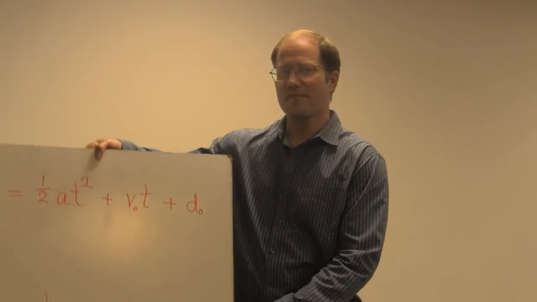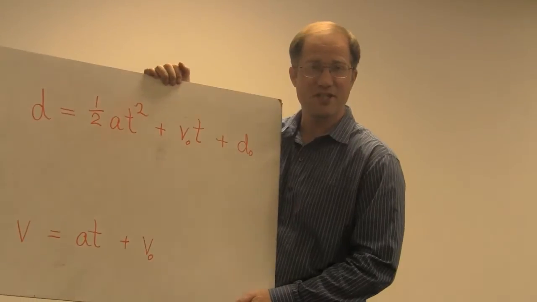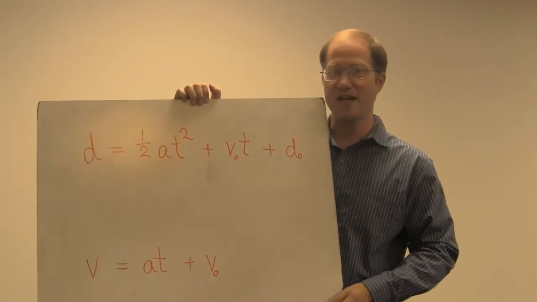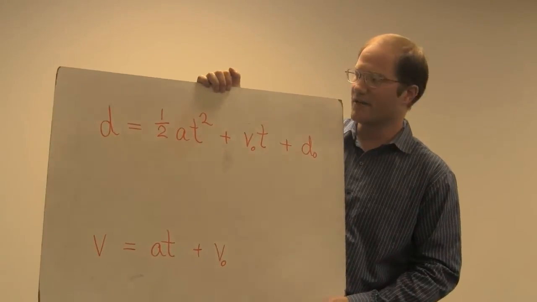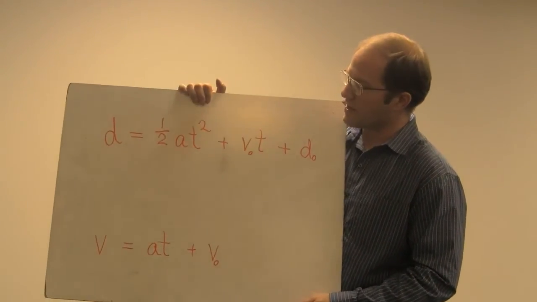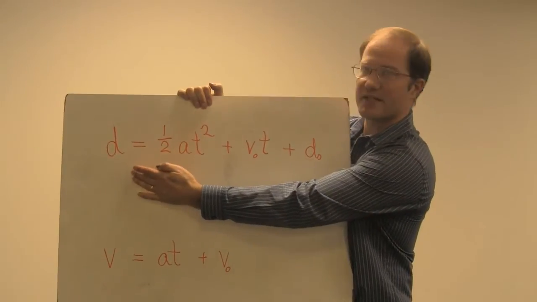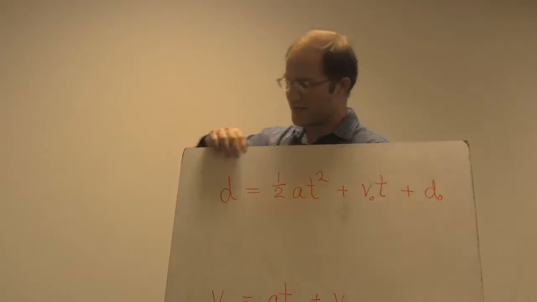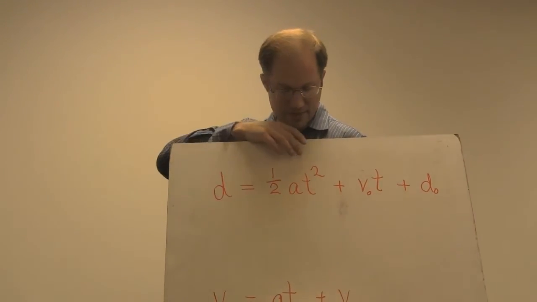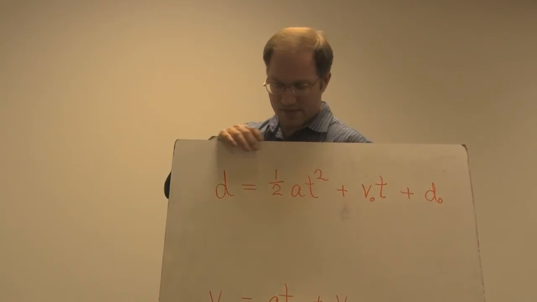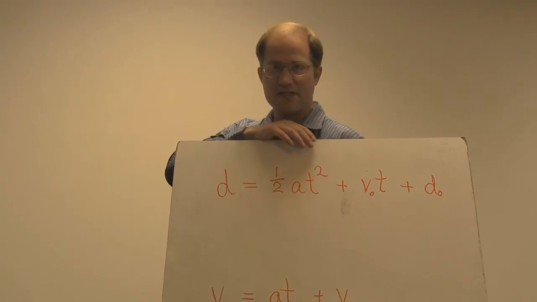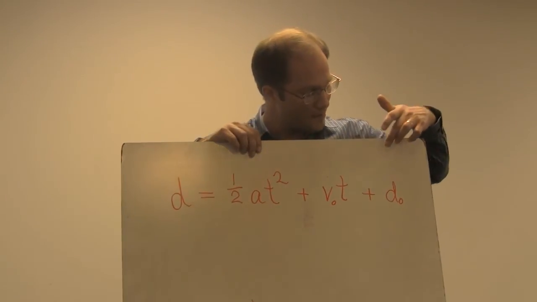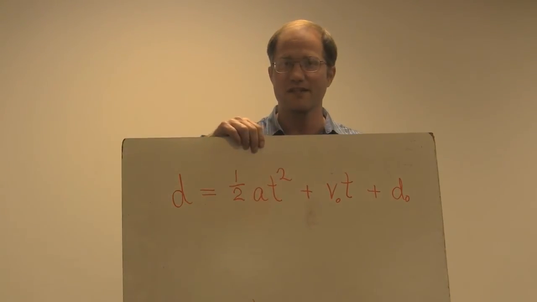The relationship between position, velocity, and acceleration is an ideal example of mathematical modeling. Here's the equation that we've come up with to model distance with respect to time. The two variables we're looking at are distance, d, and time, t. Distance is equal to 1/2 acceleration times time squared, plus initial velocity times time, plus an initial distance.